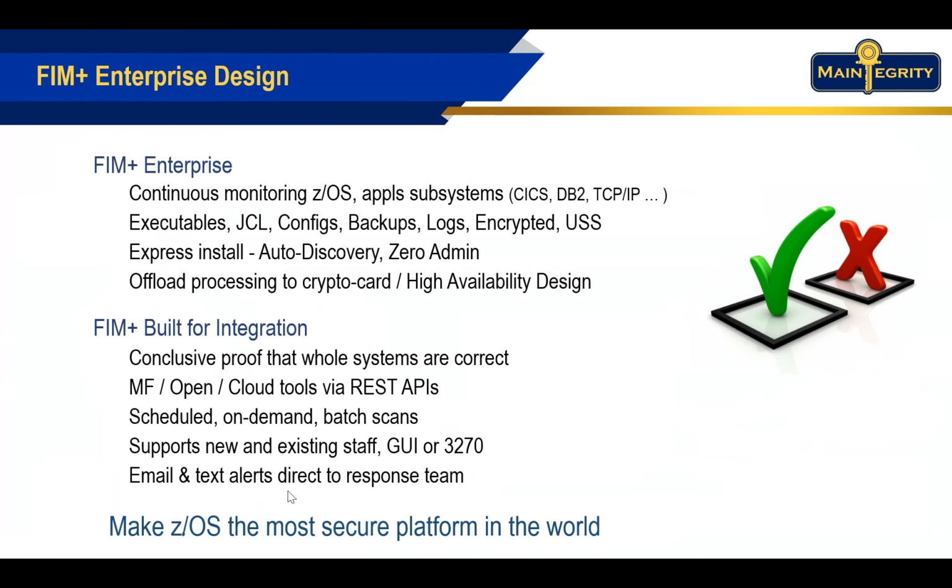We can scan that with our standard product in the z/OS environment. The Express install uses auto discovery to go out and build an initial whitelist for your environment. So we always like to say that the product installs in an hour and that you'll get concrete results in the second hour. That may be a bit of an exaggeration, but it's pretty close.